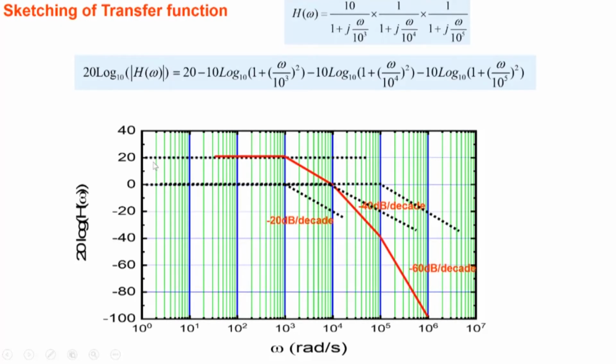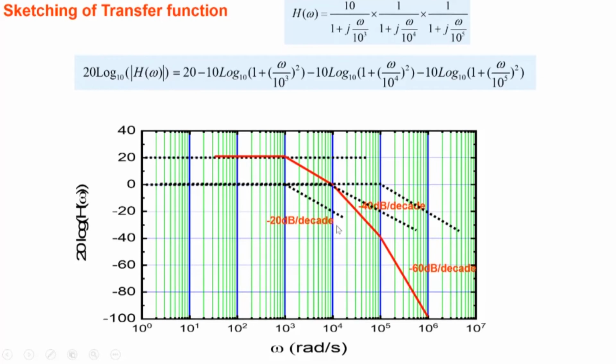Again, we can see it's a low pass filter, and the cutoff frequency of the filter is 10 to the power 3. After 10 to the power 3, it begins to attenuate higher frequencies, and the attenuation changes with frequency.